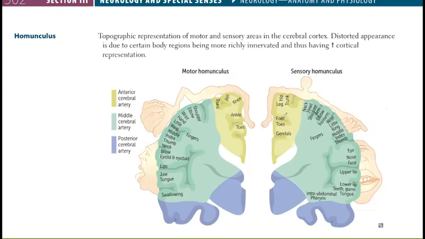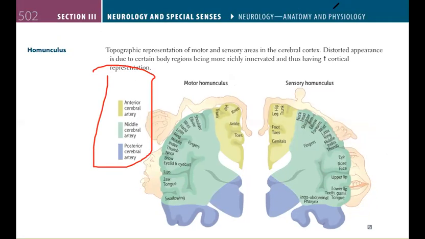If I talk about the arteries, this will be like anatomy, but in this picture, the best part about your First Aid is that anatomy and physiology are given together. So you can see the distribution of arteries too: the anterior cerebral, posterior cerebral, and middle cerebral.